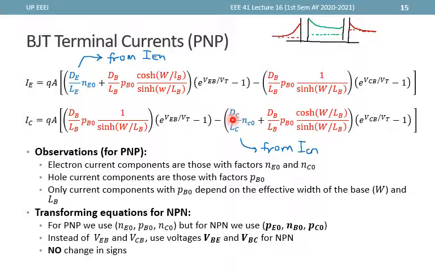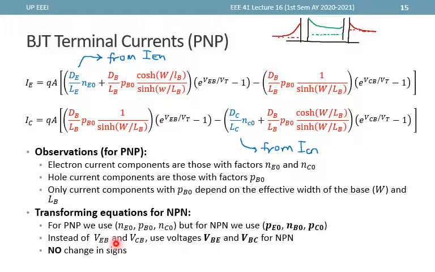Now, say we want to transform these two equations here for NPN. What we'll just have to change is from NE naught to PE naught, PB naught to NB naught, and NC naught to PC naught, since the minority carriers for NPN are the opposite of PNP.